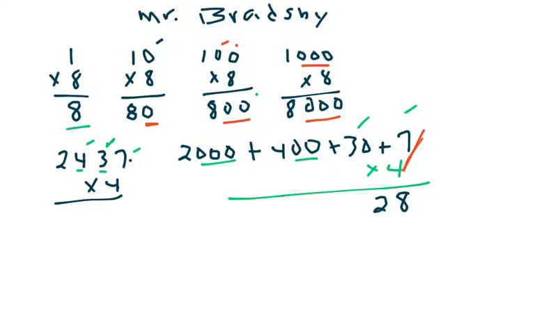No zeros, it's the ones, just like over here. 4 times 7, 28 ones, 28. Okay, then 4 times 30. Well, when we multiply by 10, there's going to be 1 zero. So I'm going to write the zero down. 4 times 3 is 12. So that's going to be 120.